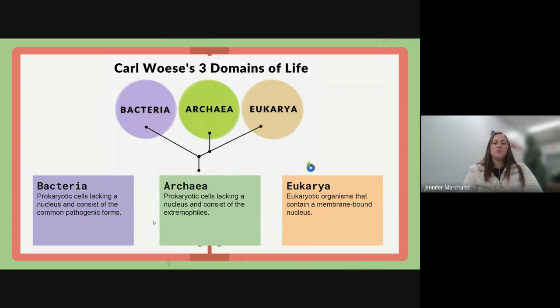We also have archaea, which are also prokaryotic cells that lack a nucleus, but they consist of extremophiles. And lastly, we have eukarya, which is where we fall, and where plants fall. That's any organism that contains a membrane-bound nucleus and organelles.